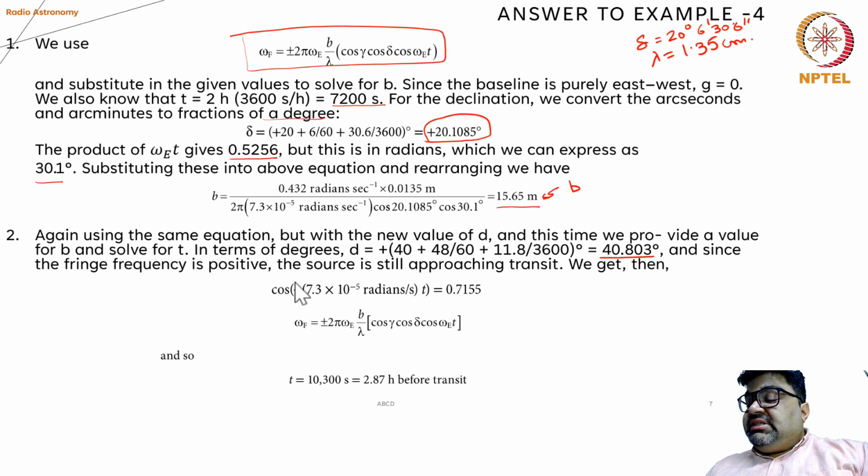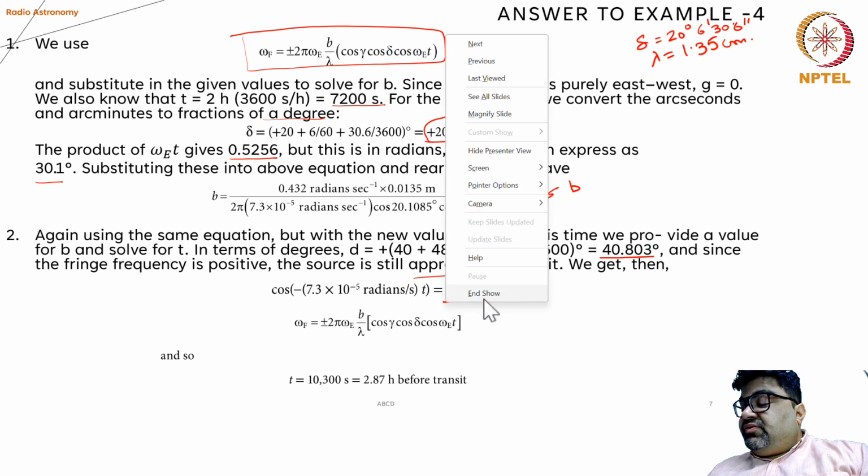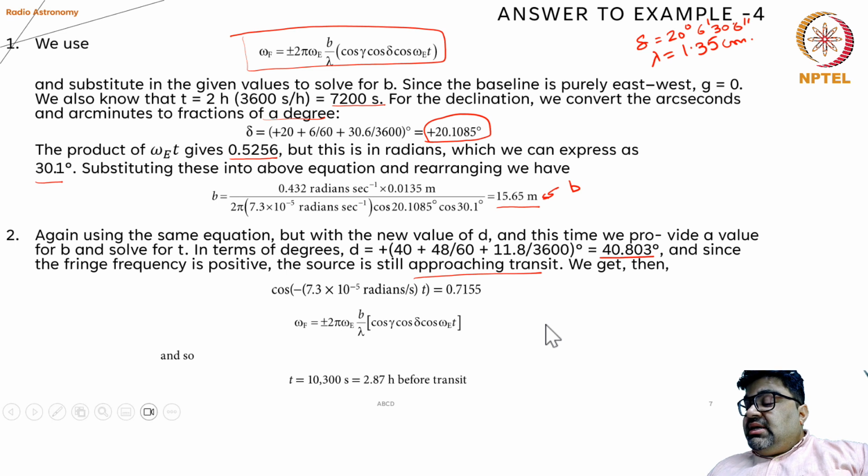Since the fringe frequency is positive, the source is still approaching transit. That is also known. We then get the cosine T value over here, and we can calculate the omega F from there, and then the T. That gives us 10,300 seconds.